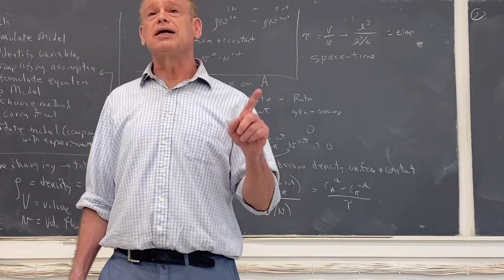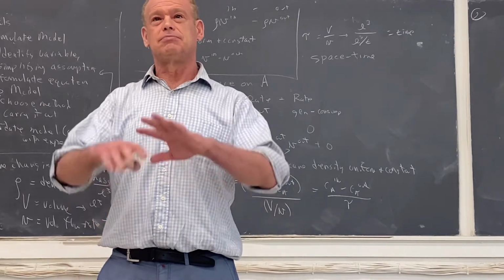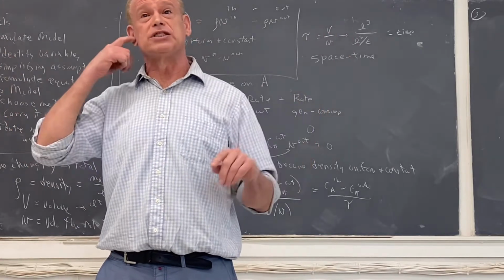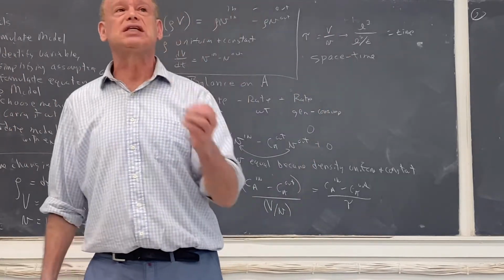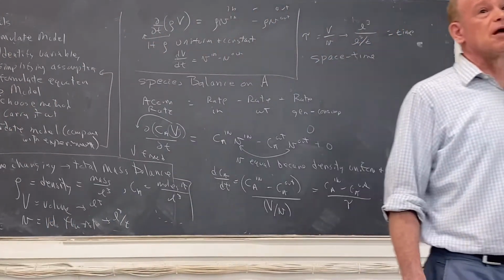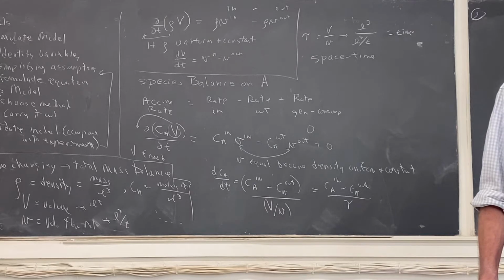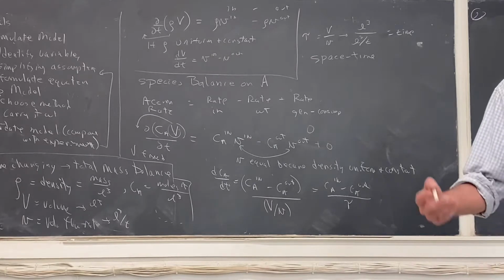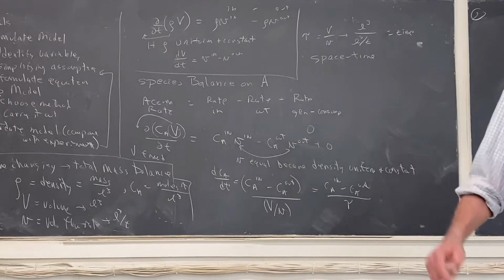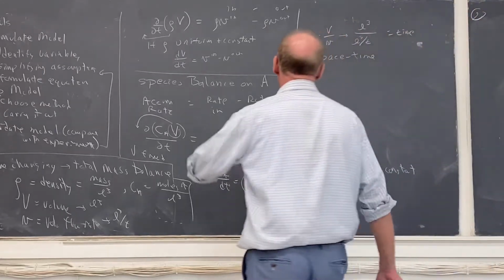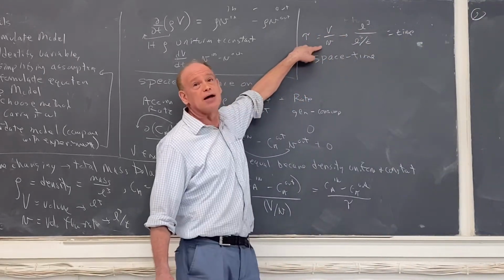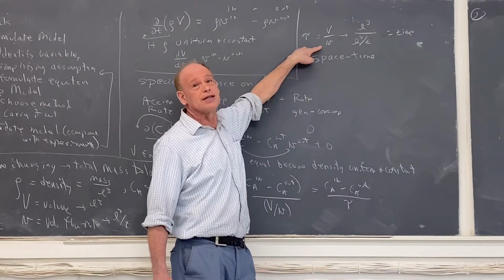However, if you have a non-constant density system, it's more subtle. For example, if the system expands with reaction, then it speeds up. And the question is, how do I define tau? Usually I'll define it by the volumetric flow rate that comes into the reactor.